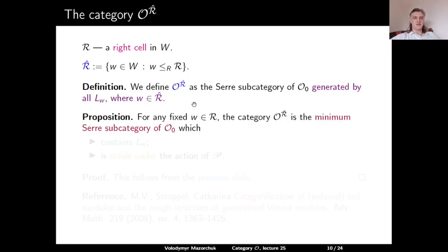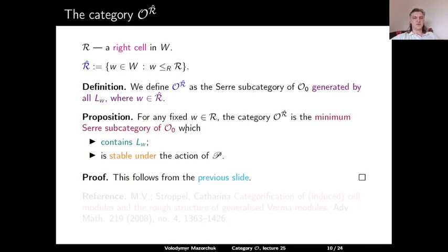So the importance of this category is given by the following proposition. For any fixed element w in R, the category O R hat is the minimum Serre subcategory of O0 which has the following properties. It contains Lw, and it is stable under the action of P. So this follows directly from the previous slide.